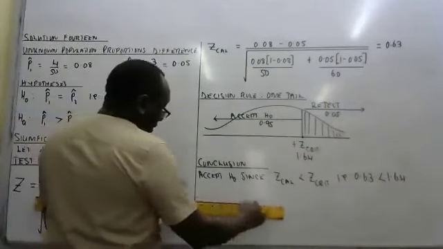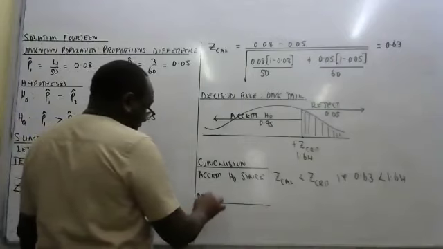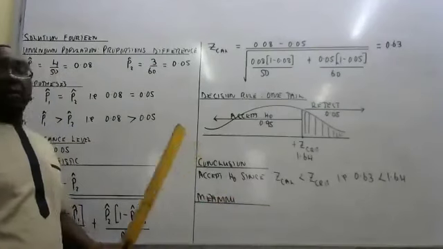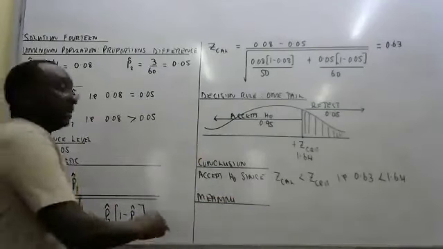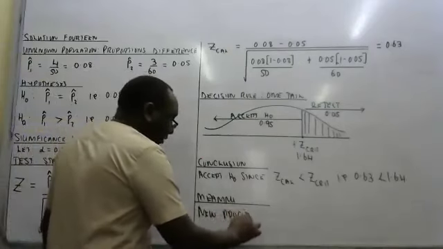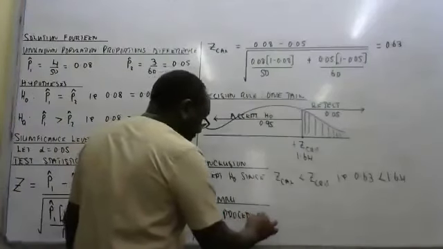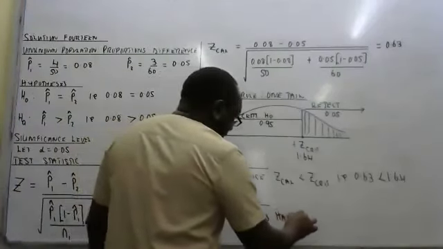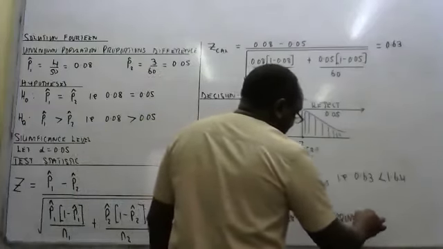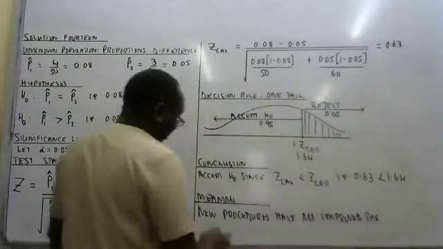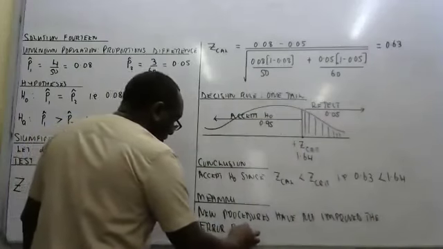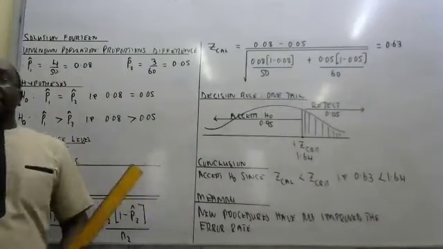Sasa tulikuwa tunaulizwa whether the new procedures have improved the error rate. And because you can see we have accepted the null, which says they are equal, then you simply tell us the new procedures have not improved the error rate.